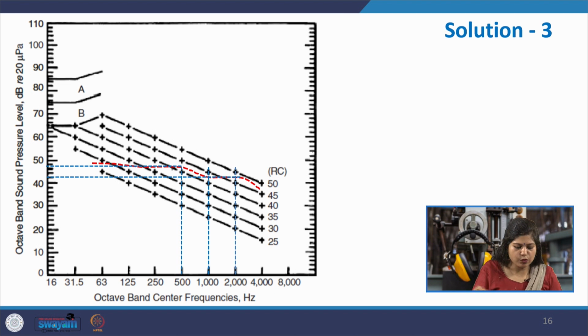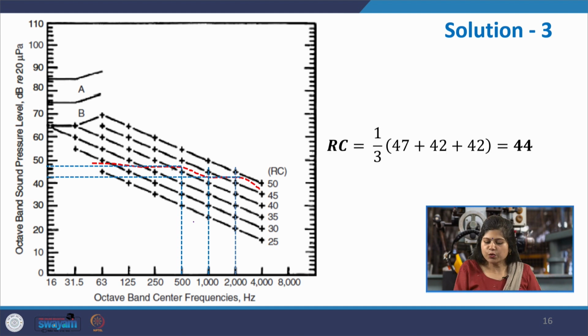At 500 we have close to 47 dB, at 1000 and 2000 hertz, these are similar values which is close to 42 decibels. So, we do an arithmetic average of its value at the 3 points. Whatever is the measured 1/3 octave spectrum, you do not have to bother with what is the standard RC curve. You simply find out the average values in the 500, 1000 and the 2000 hertz range, and that becomes your RC rating.